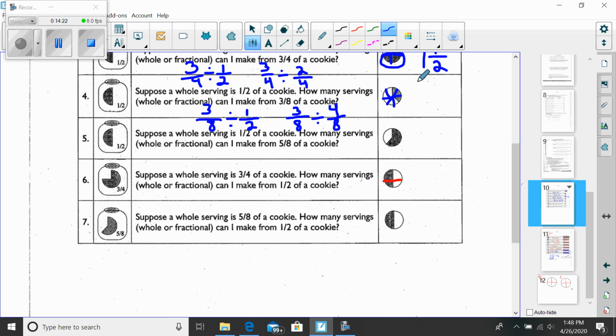So I have 3 pieces out of the 4 that I would need to make a serving. Okay, so pause the video and you try the next one. Get a common denominator and show how that makes sense.